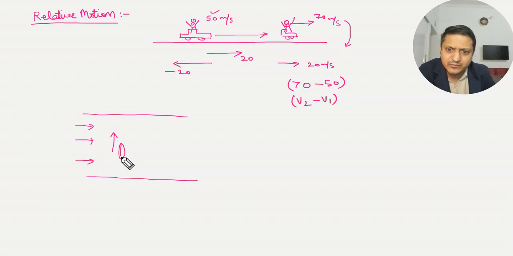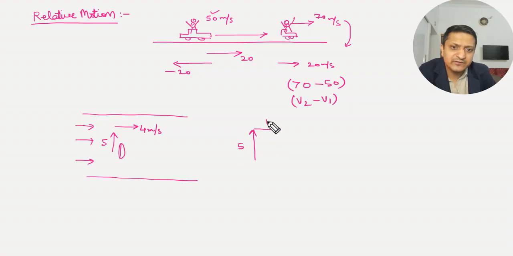So this boat or steamer is moving here with 5 meters per second, and these waves are moving with 4 meters per second. So in these types of cases, we have to use the vector method.